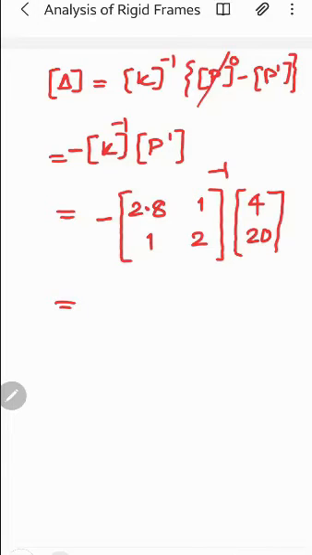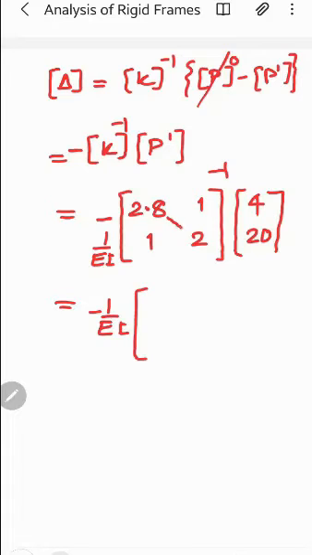This is a simple problem, right? And you have the EI value, so that EI will be 1 upon EI, inverse of that. So this will be minus 1 by EI into, how to do the inverse of a 2 by 2 matrix?